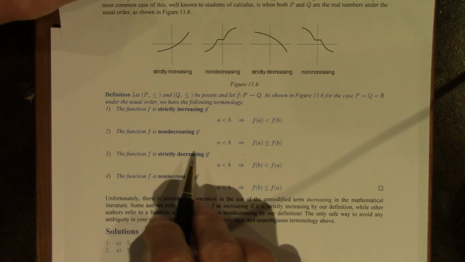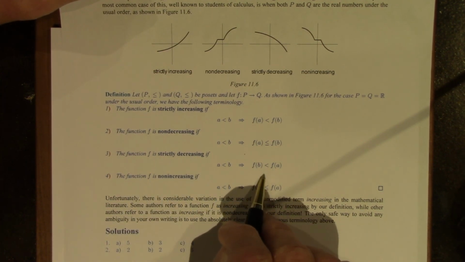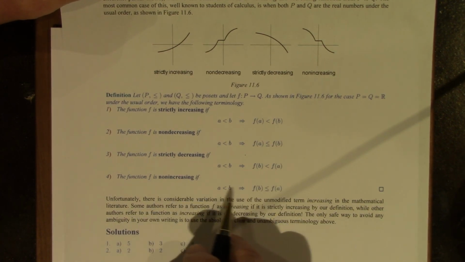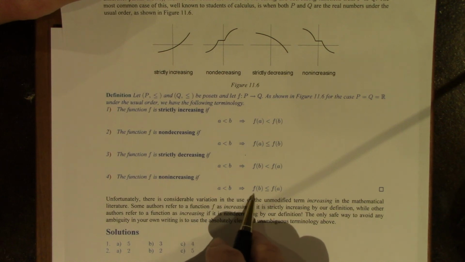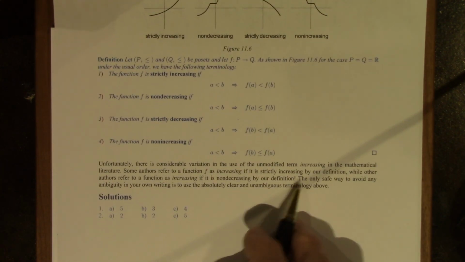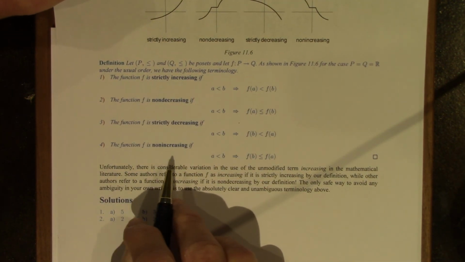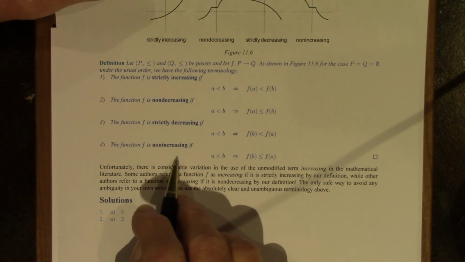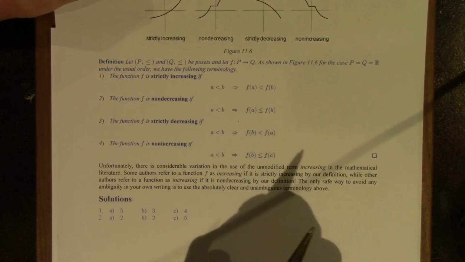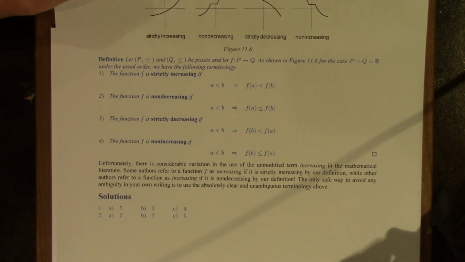F is strictly decreasing if a less than b implies f of b less than f of a, and non-increasing if a less than b implies f of b less than or equal to f of a. These are the terms I use in this course. I use them all the time in all my courses because there's no ambiguity. But there is variation in the way these terms are used.